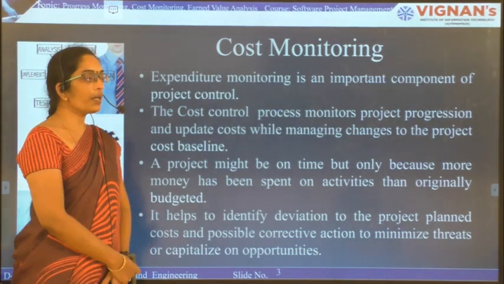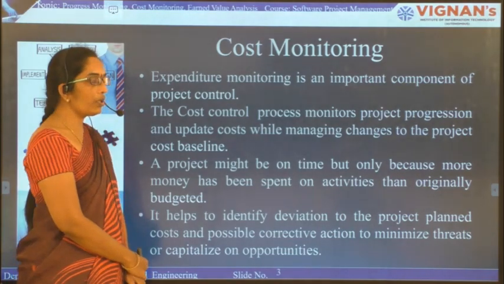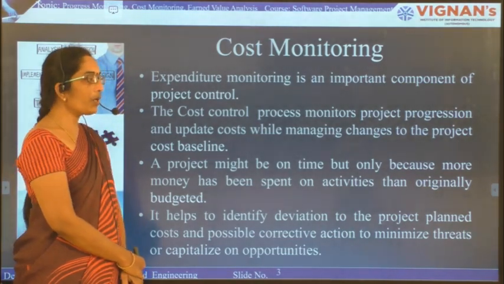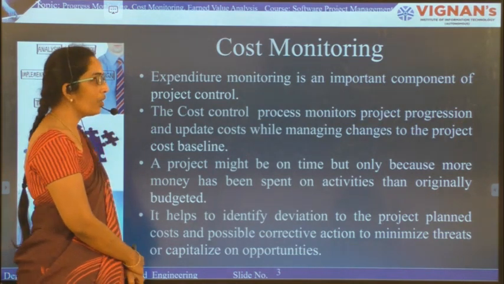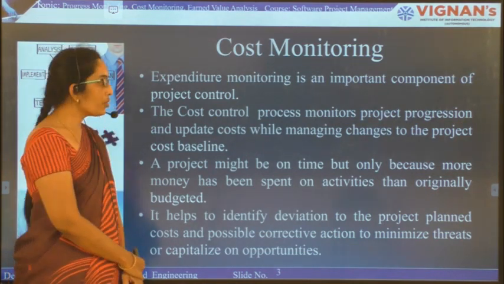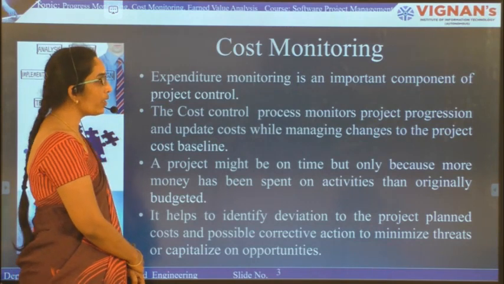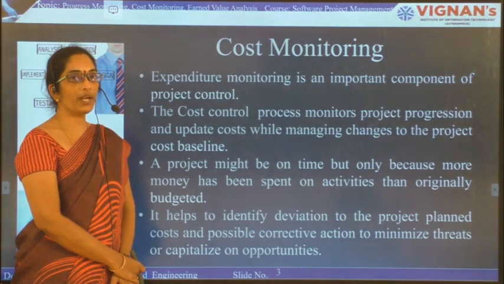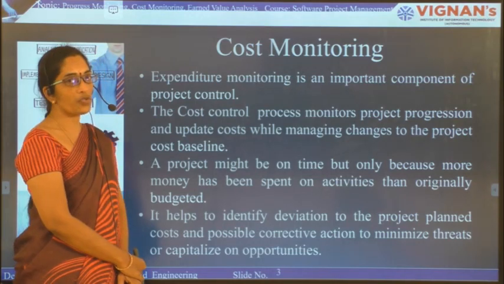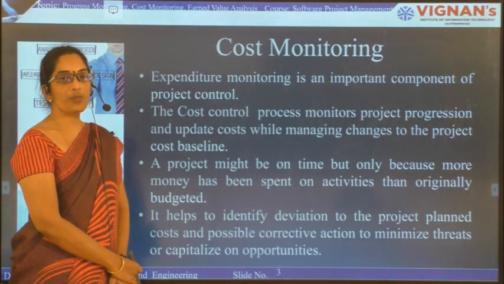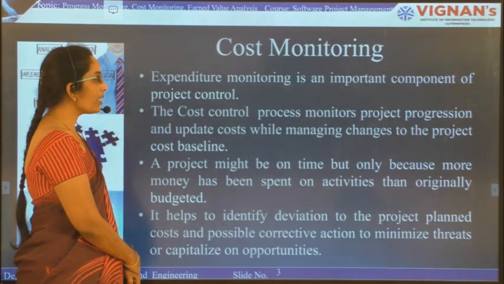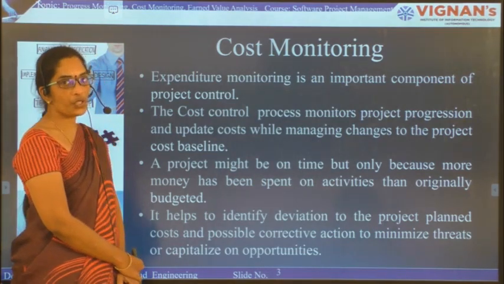A project might be on time, but only because more money has been spent on activities than originally budgeted. So cost monitoring helps to identify deviations from the project plan and possible corrective actions to minimize those threats and/or capitalize on the opportunities.